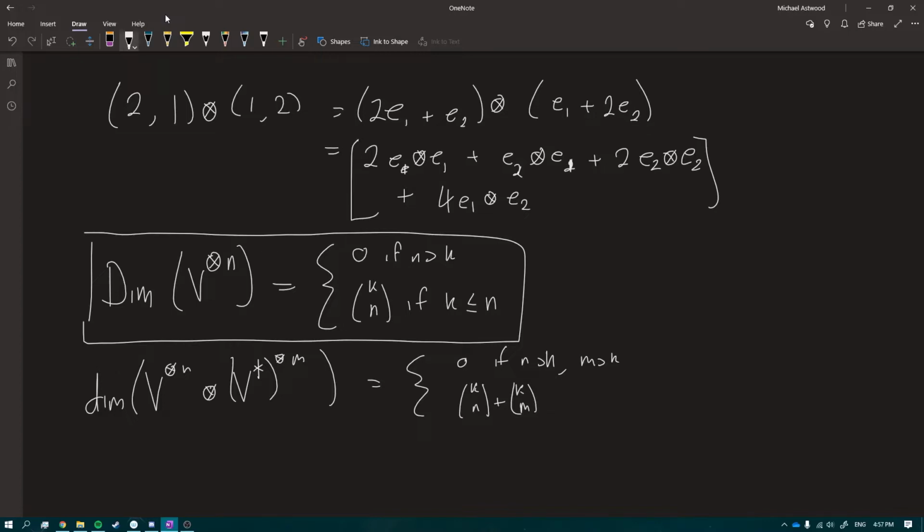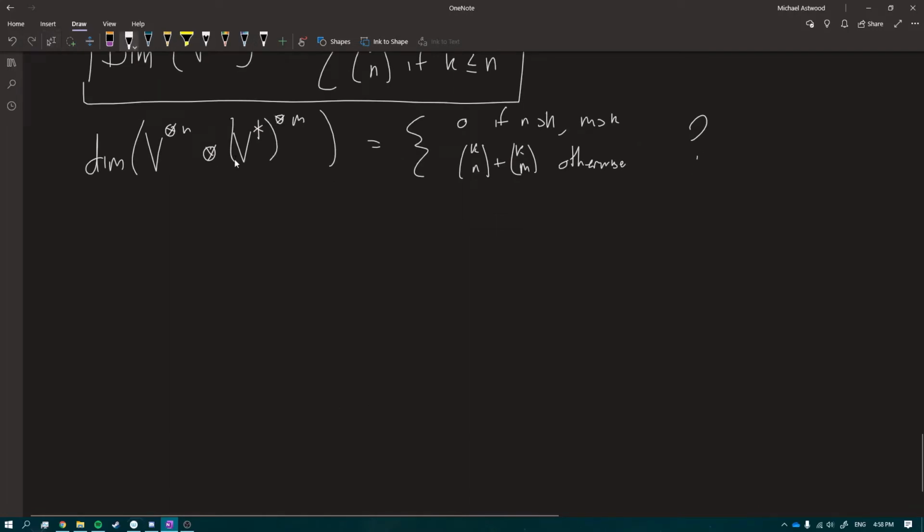I think this makes sense. It might be the product of the two. That wouldn't make as much sense, so I'm going to leave it like this. You can feel free to look this up and confirm for yourself, so I'm going to leave a question mark here.